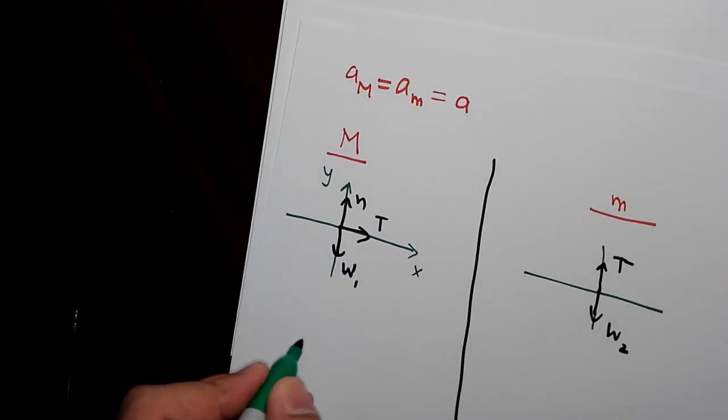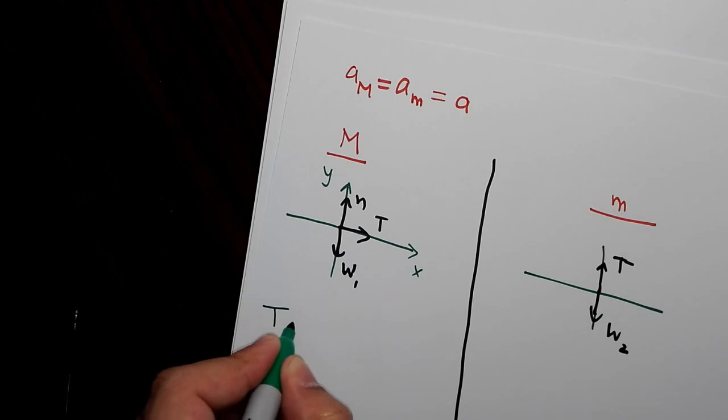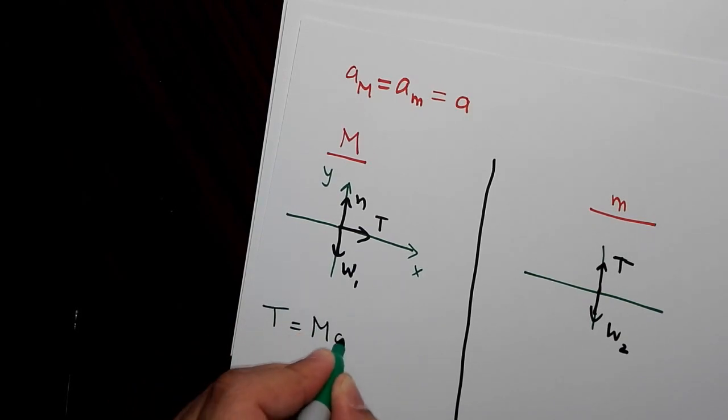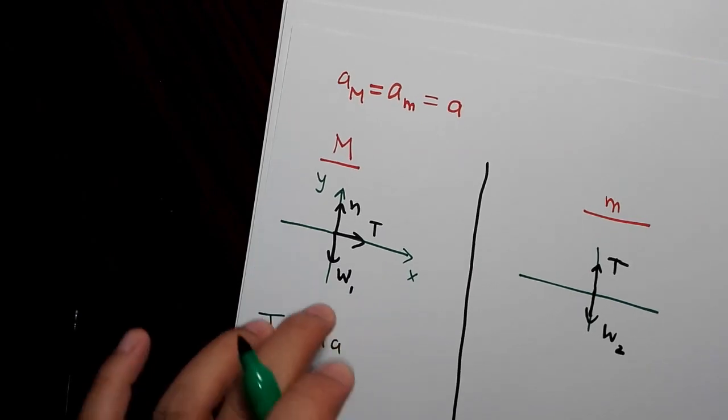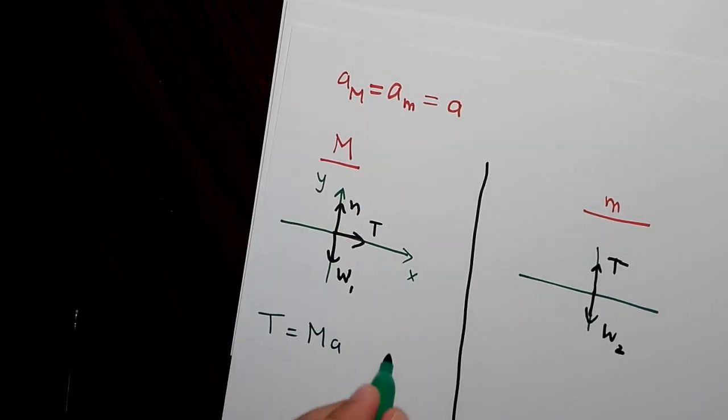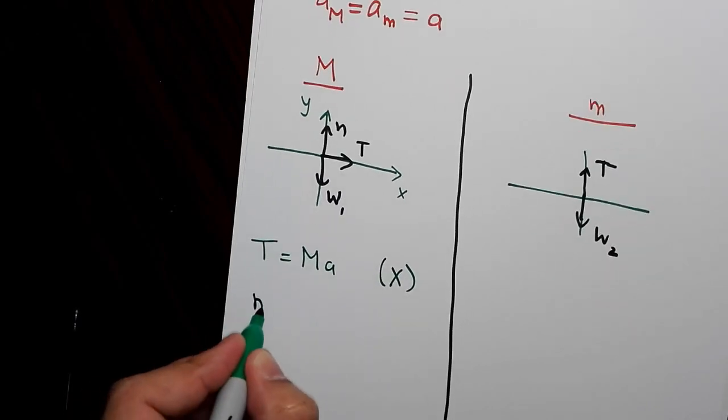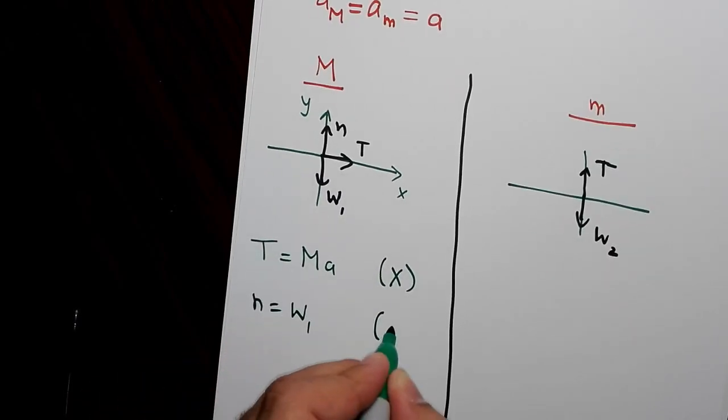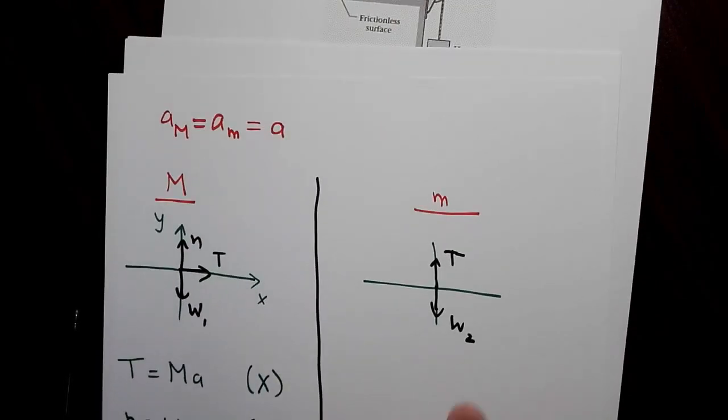So for mass capital M, we get T equals capital M A. That's the equation in the horizontal direction, your x equation. In the vertical direction you have N equals W1. So that's your y equation. So it's simple in this case.